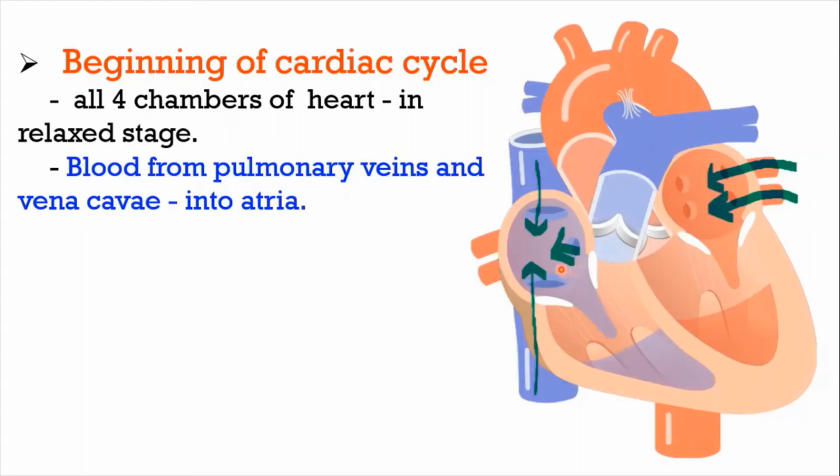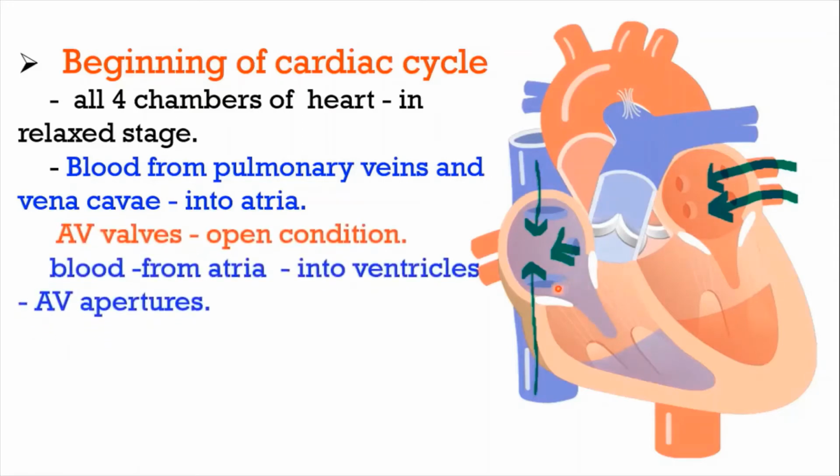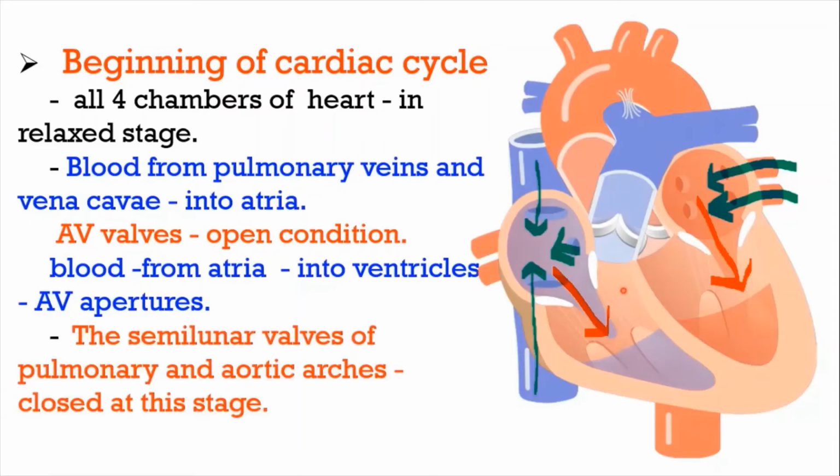Now, the AV valves are in open condition. So, the blood from the atria flows into the ventricles. This is known as passive filling of the ventricles. At this stage, the semilunar valves of the pulmonary arch and systemic arch are closed.